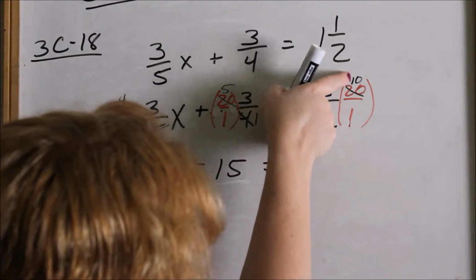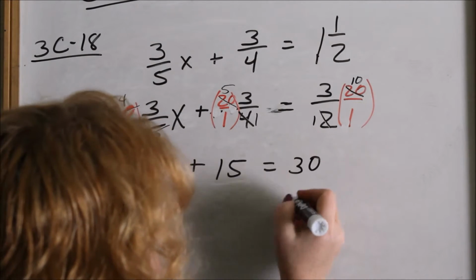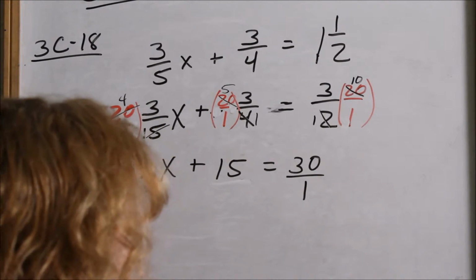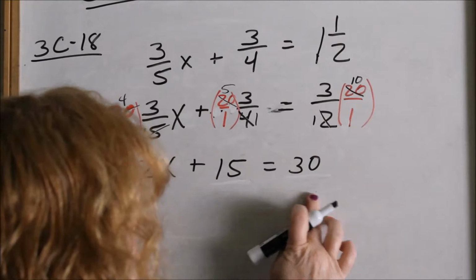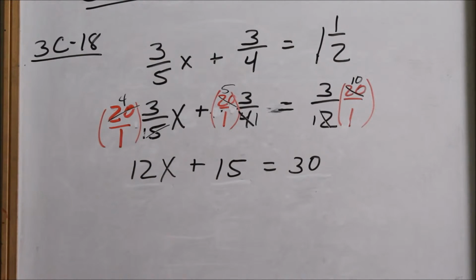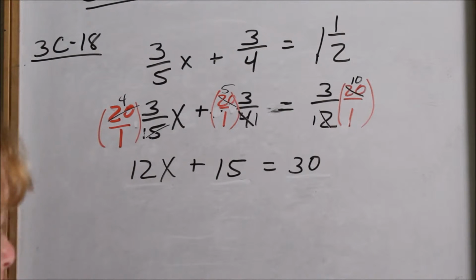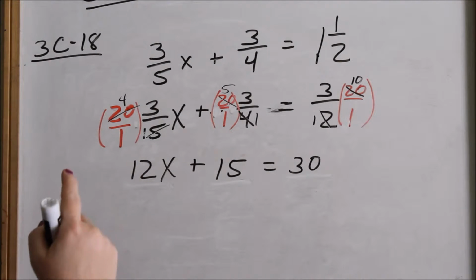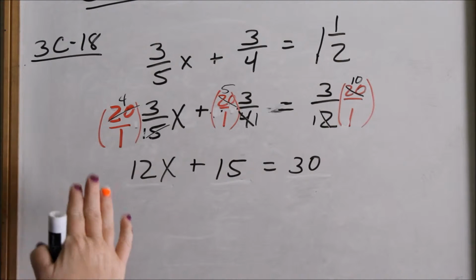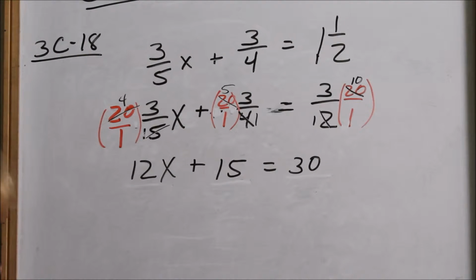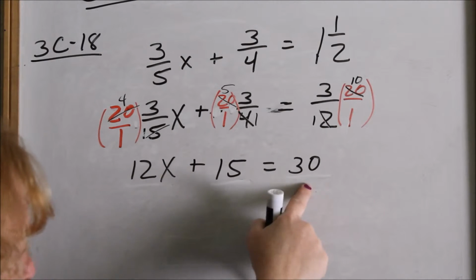Equals, 3 times 10 is 30, and again the new denominator would be 1, but I don't have to write it. So now you can see I have an equation like we have solved already, with no fractions. I determined a number that I can multiply every term by so that the denominators cancel, and now I do not have any fractions.